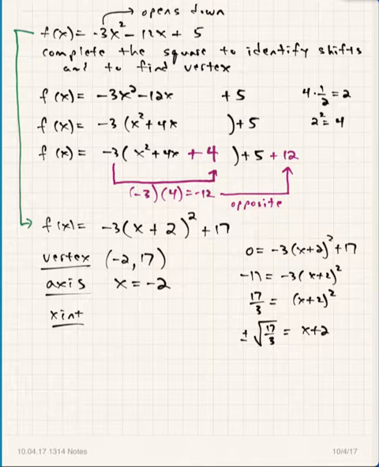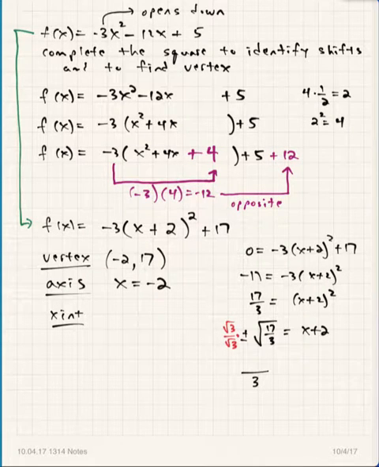In WebAssign, they will always rationalize that. So they'll multiply the square root of 17/3 by the square root of 3 over the square root of 3. That's multiplication right there. And when they do that, in the denominator, they get the square root of 3 times the square root of 3, which is the square root of 9, which is 3, right? So there's no longer a radical in the denominator.